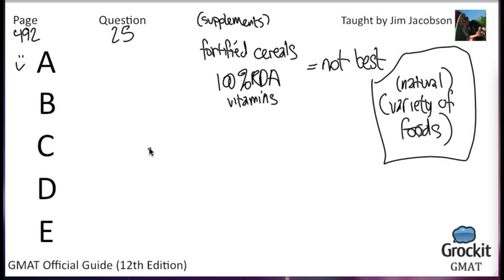Let's look at the other ones, though. Choice B, people who regularly eat cereals fortified with vitamin supplements sometimes neglect to eat the foods in which the vitamins occur naturally. Sure. I mean, even if that's true, though, it doesn't support the argument that the natural foods are better.